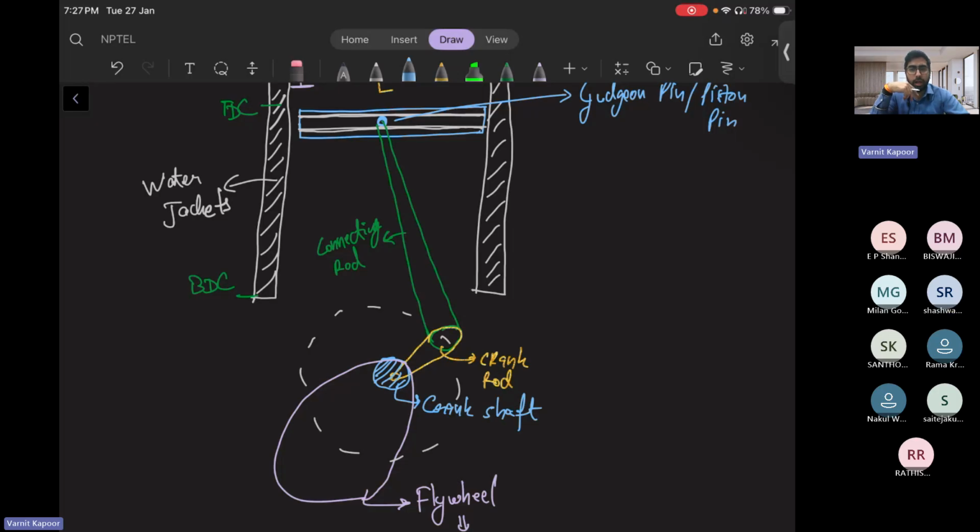Okay, okay, sir. And you will study this flywheel in your theory of machines in a much better way, in the vibrations and theory of machines subject. I hope everyone is from mechanical. Someone is from production or any other branch.